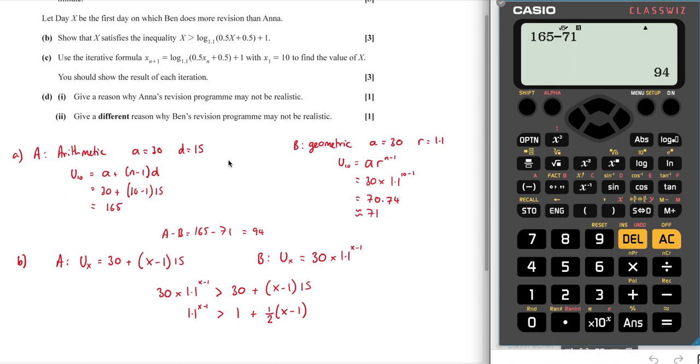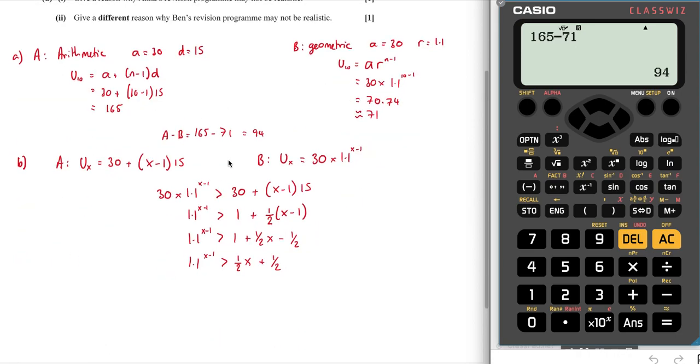So I'm going to get 1.1 to the power of x minus 1 is greater than 1 plus a half x minus a half. So 1.1 to the power of x minus 1 is greater than half x, or 0.5x if you will, plus a half.